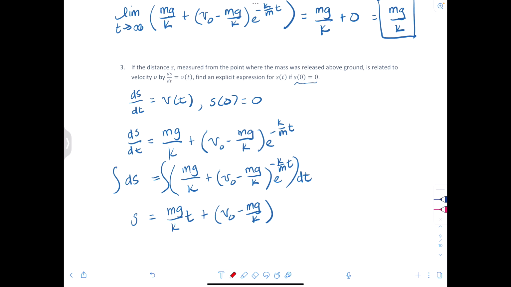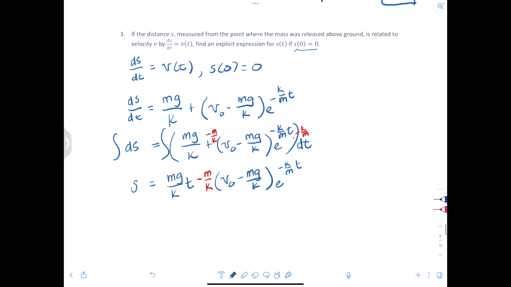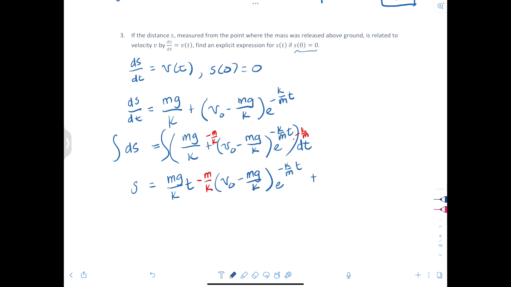And so I need to multiply on the outside by negative m over k. So I'm multiplying by negative k over m, but I need that to be 1. So I'll make this minus m over k. The other stuff went along for the ride, and then my exponential was all set up, so I'll have e to the negative k over m t, plus our constant of integration.